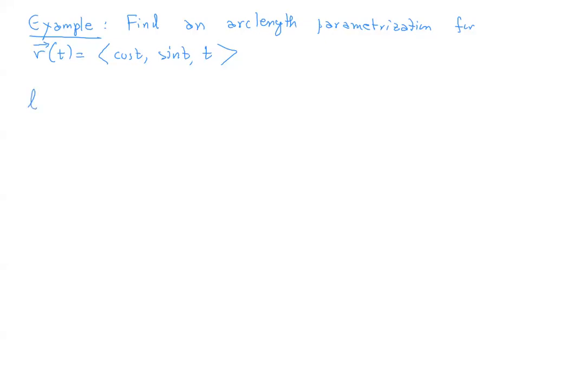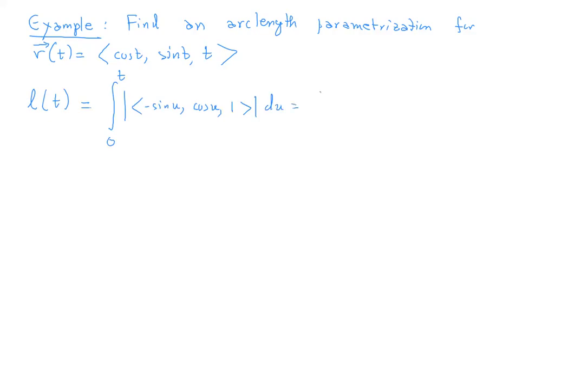So what is the length of the trajectory from 0 to t? It's going to be the integral from 0 to t of the magnitude of the derivative, which is what? Negative sine u, cosine u, and 1, du.